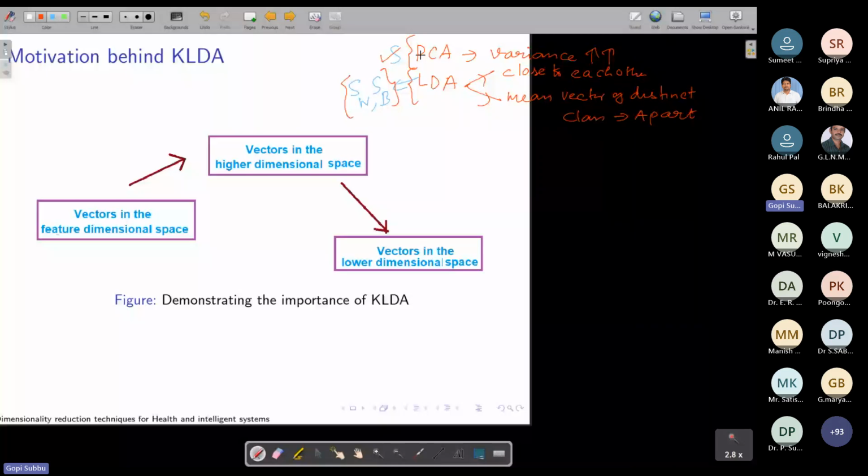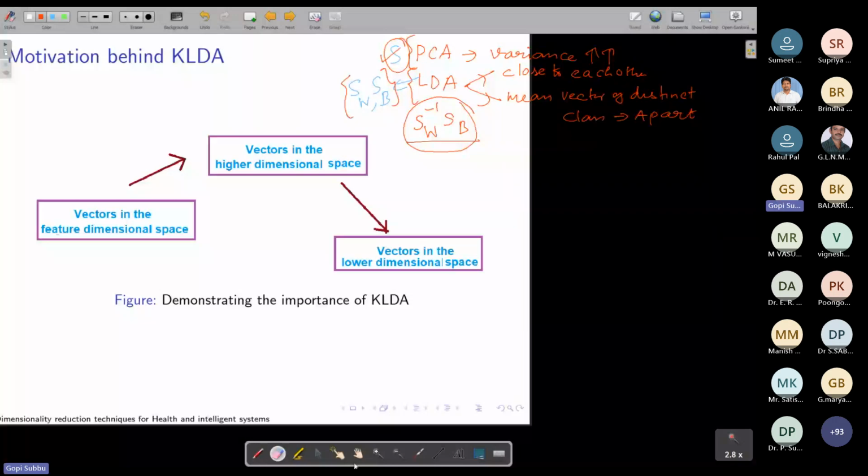It is the same in LDA, but the only difference is that we have to use SW inverse SB instead of a single scatter matrix to find the eigenvalues and the eigenvectors corresponding to the significant eigenvalues. Okay, fine.